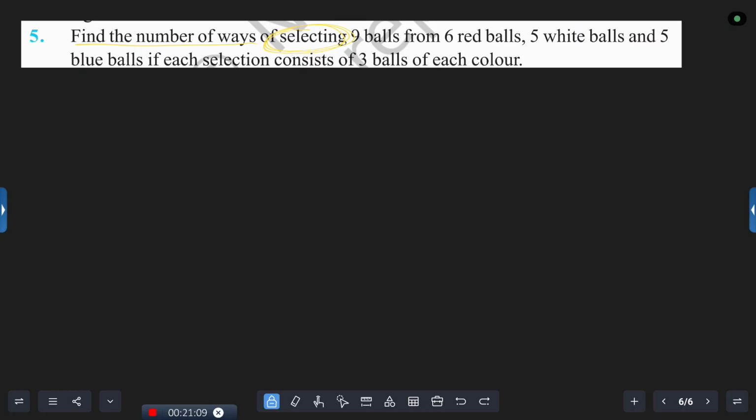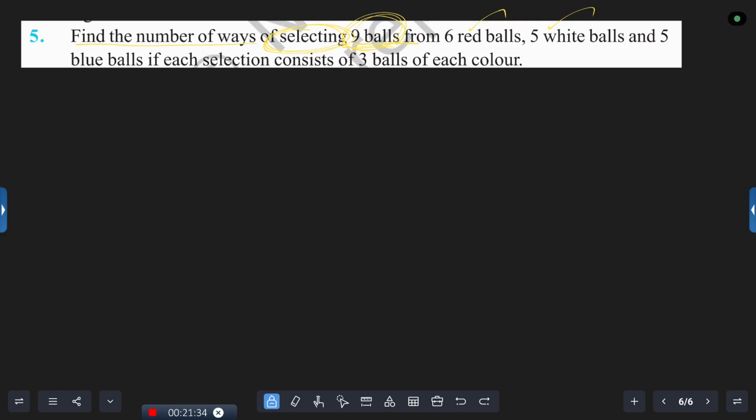Now, there are 9 balls. Selecting 9 balls from 6 red balls, 5 white balls, and 5 blue balls. Colors they mentioned.